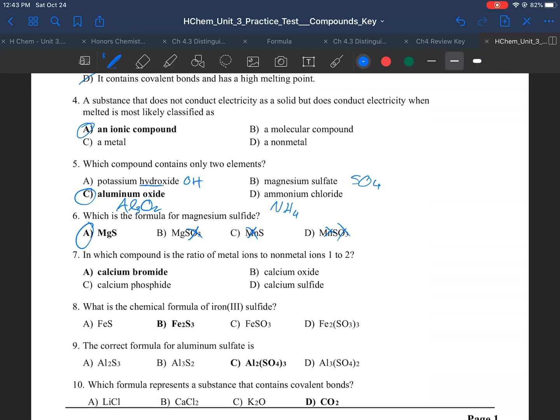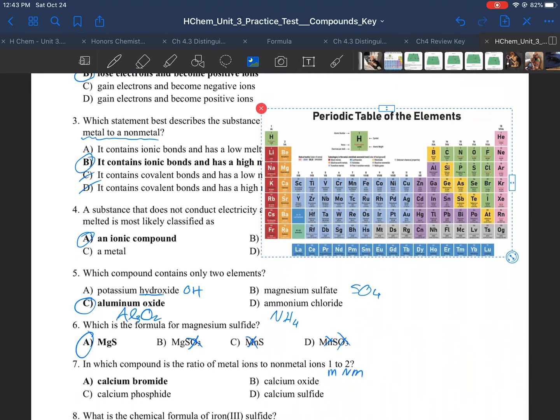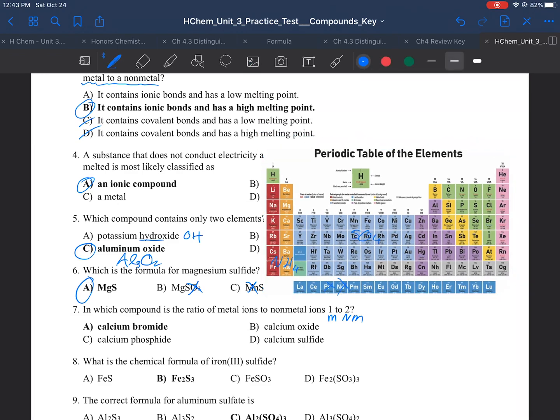Which compound is in the ratio of metal ions to non-metal ions 1 to 2? So 1 metal to 2 nonmetals. So if we were to grab this periodic table here, if we look at calcium, right here, calcium forms a +2 charge.